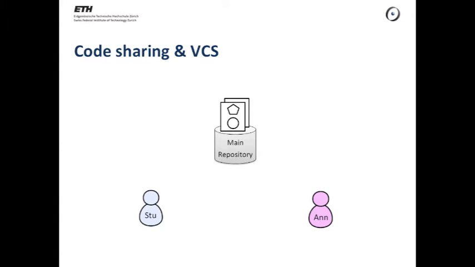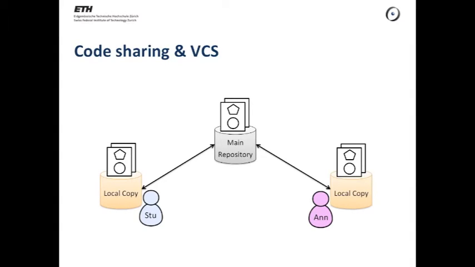Therefore, both get a copy of the main repository on their local machines. Stu starts working on the project, changing and modifying the code base. But while he's doing that, these changes are only available to Stu, and N has no direct access to his work. Only when Stu sends his changes back to the main repository and N synchronizes her local copy with it, she can actually access Stu's work.